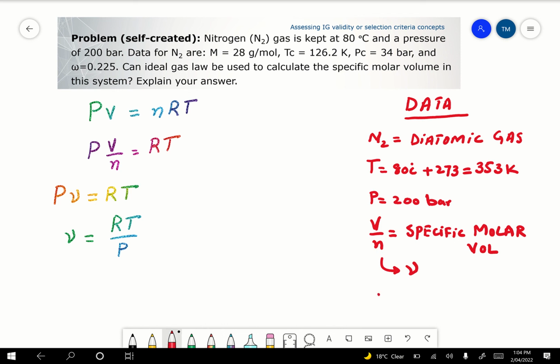We need an R value with units consistent with temperature in Kelvin, pressure in bar, and specific molar volume in liter per mole, because we need to check the criteria.